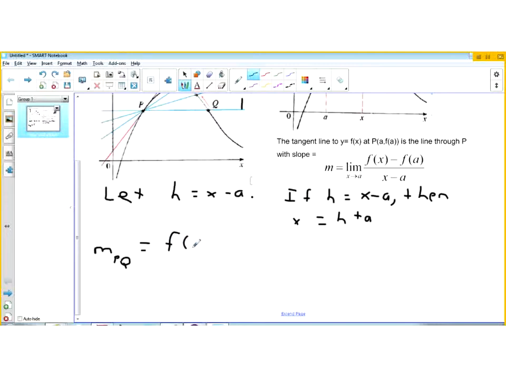All right, so that would be f of x, which is now f of h plus a, minus f of a, divided by h. All right, so that would be the slope of the secant line. And this should be familiar to you. This happens to be the definition of the difference quotient at a. So you may recall that term from algebra. So this is the difference quotient.